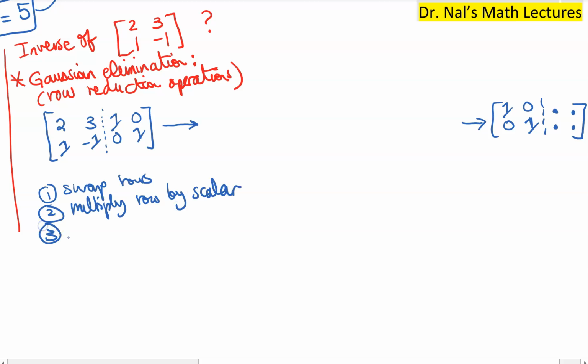And the third one is you can multiply a row with a scalar and then add it to another row. That's it. So these are row operations, and let's go ahead and implement those operations.